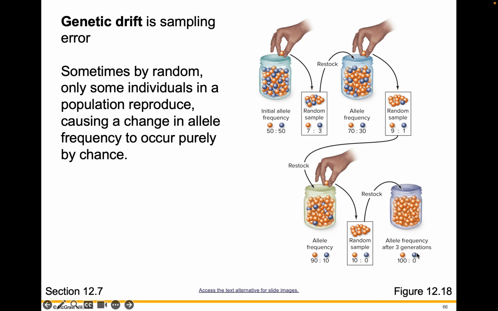And the blue allele has been lost, the red allele has become fixed. And from this point on, unless there's a mutation or a migrant individual with different alleles, all the individuals will have the red allele for this trait.